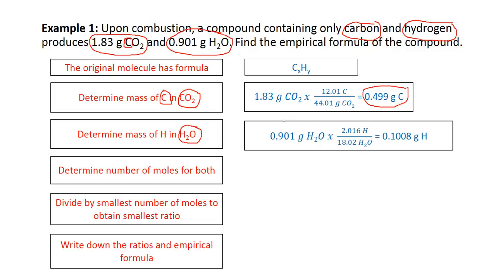So this is the given quantity, the mass of water, times the mass of 2 hydrogen atoms, divided by the molar mass of water, and that gives us this mass.